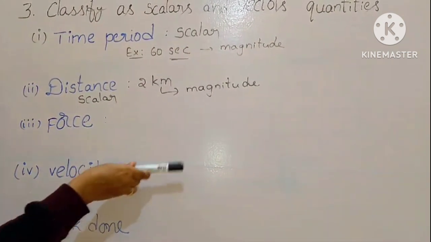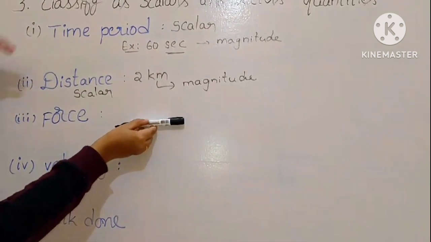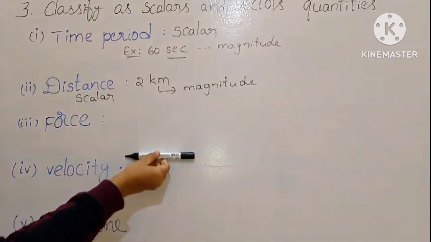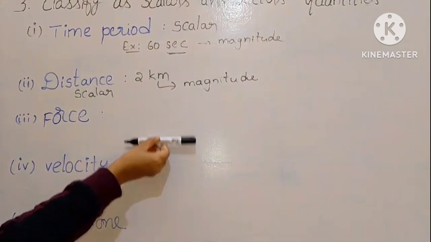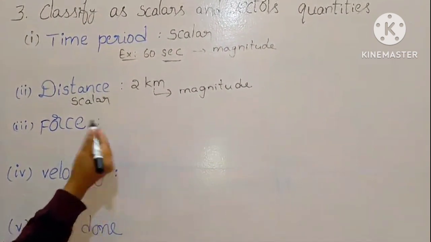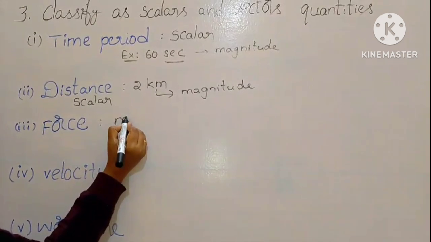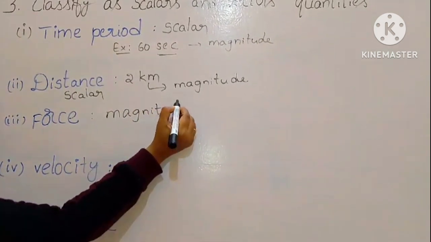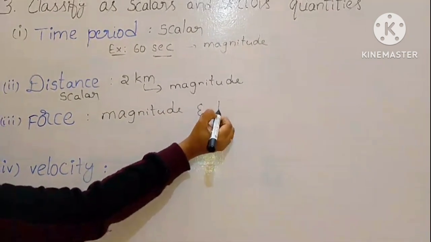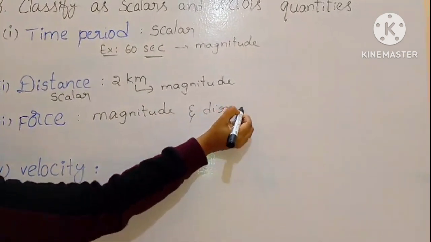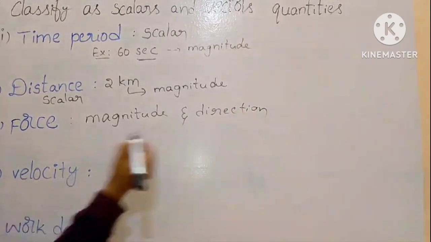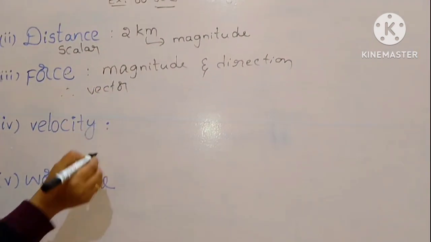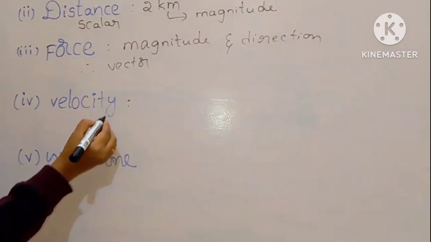For example, I am taking this as an object. I am applying force on this towards down. So, this down is direction and the force value is magnitude. So, it has magnitude and direction. Therefore, force is vector. Coming to the next one, velocity.